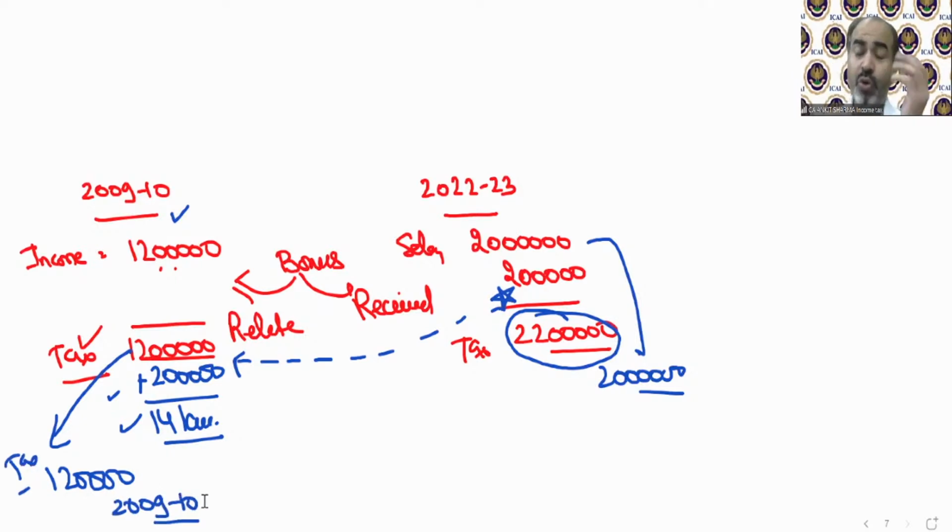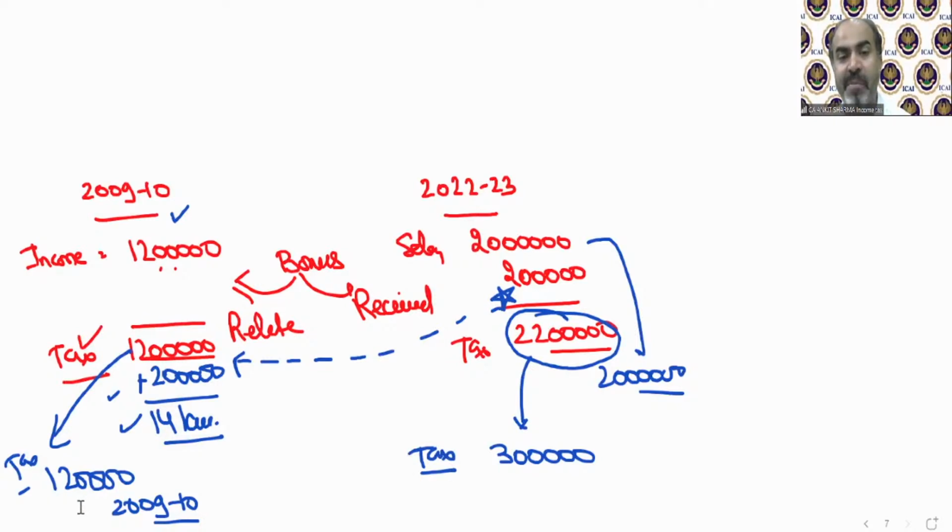Relief has no new provision. If you understand the concept, the provisions are normal. There is nothing new. So on 12 lakh, he paid 1,20,000. And on 22 lakh, he needs to pay in this year, for example, imagine 3 lakh rupees tax.